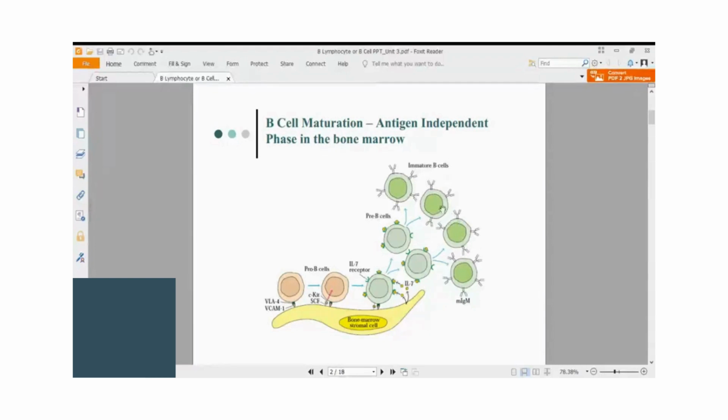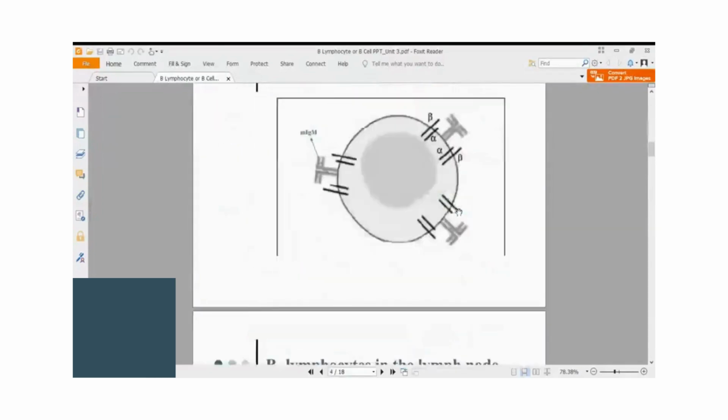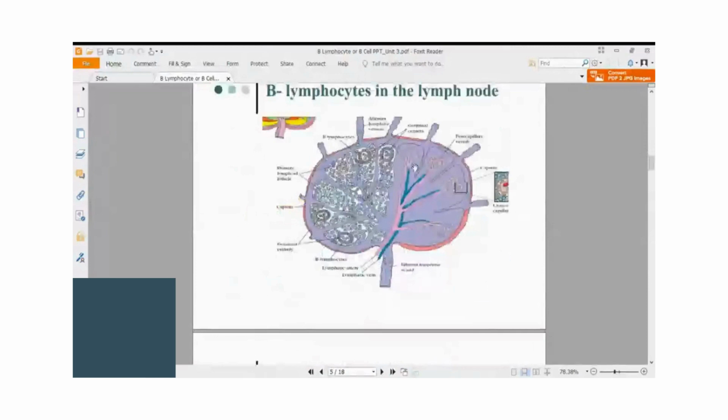Now, these B lymphocytes, once they leave the bone marrow, will have to come and lodge themselves in the lymph node. Remember, I had done this in the cells and organs of the immune system, and they arrive through these afferent channels of the lymph vessels.